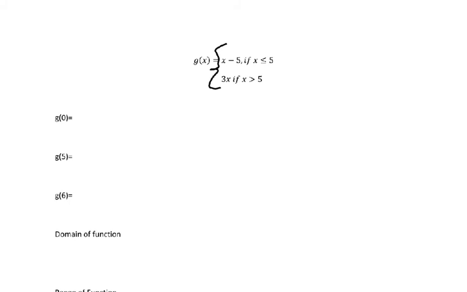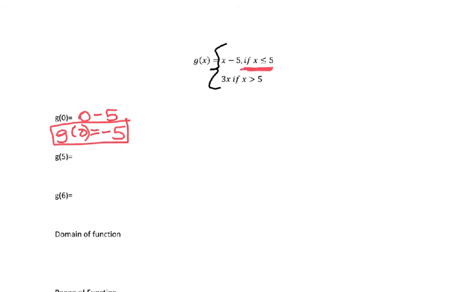So when you are evaluating a piecewise function, you have to know where you are so you know what rule to use. Well, at g of 0, 0 is less than or equal to 5. So g of 0 equals 0 minus 5, g of 0 equals negative 5. 5 is still in here because this has a less than or equal to.